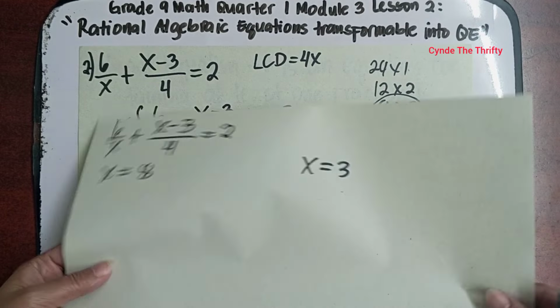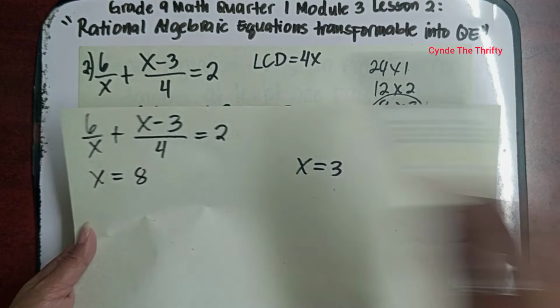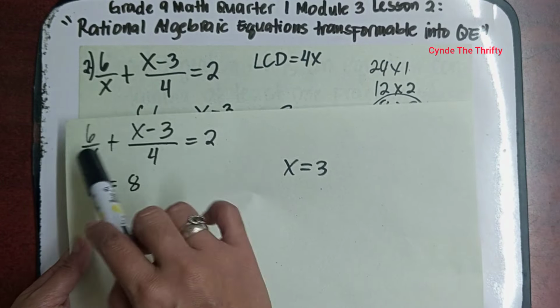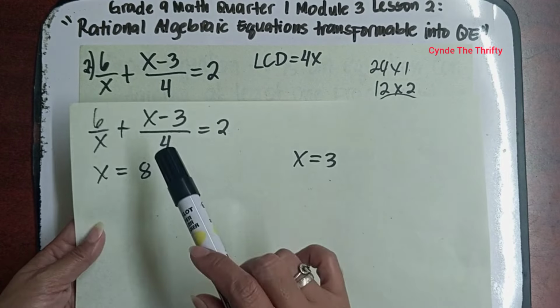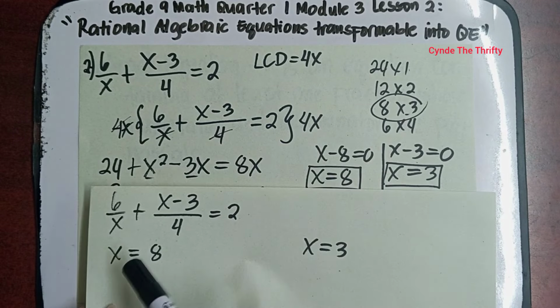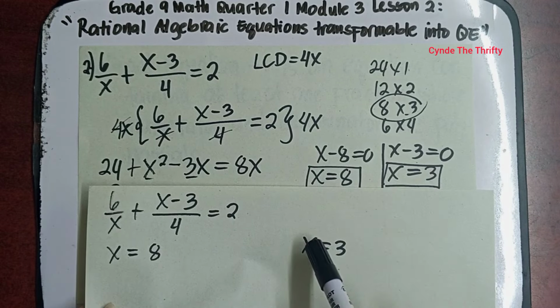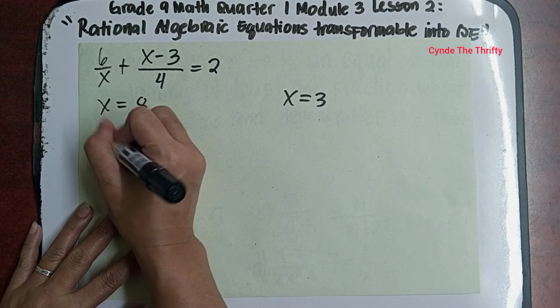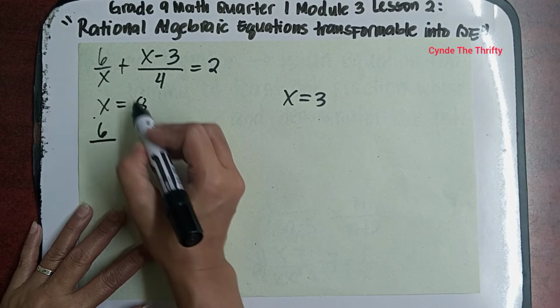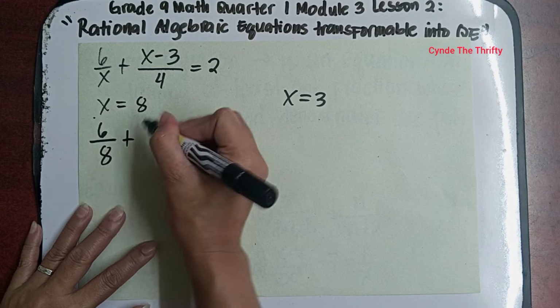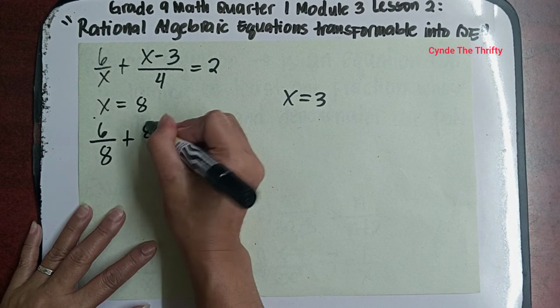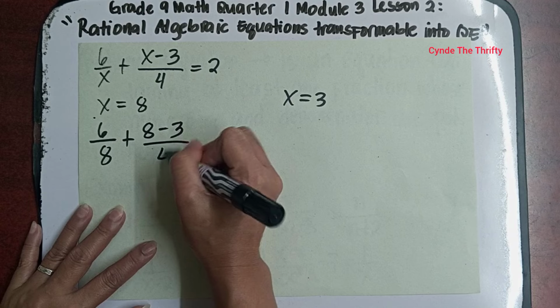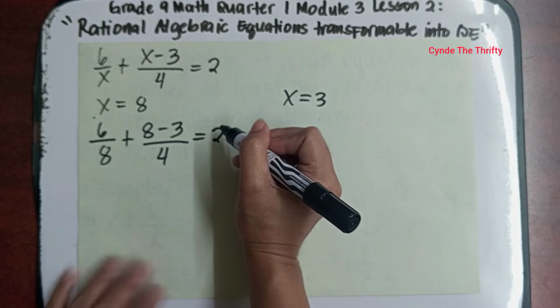So, ngayon, i-check na natin kung tama ba yung solutions natin. So, ang original equation natin is ito. So, ito yung gagamitin natin sa pag-check. Ang value ng ating x is positive 8 and positive 3. So, if the value of x is equal to positive 8, so 6 over 8, plus 8 minus 3 over 4 is equal to 2.